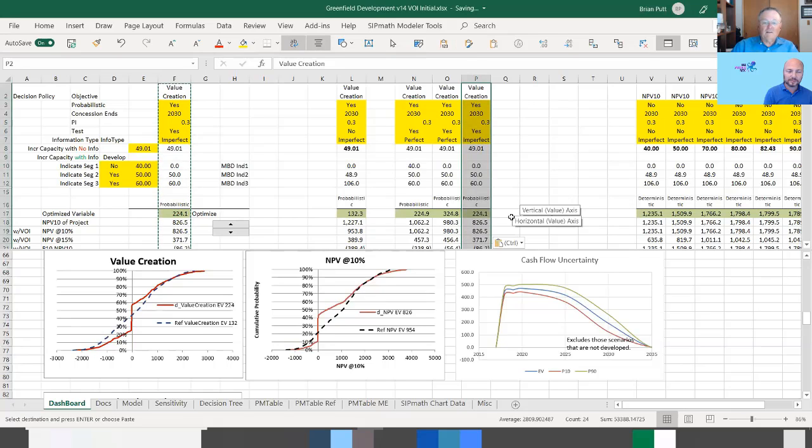So it went down, it dropped 100, or more than a third, and was pretty close to this situation where we developed everything.